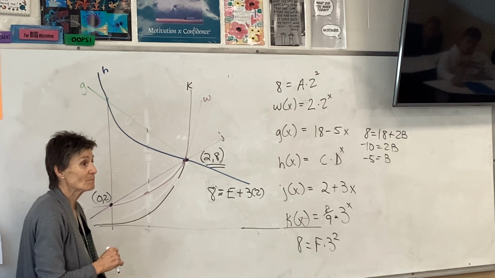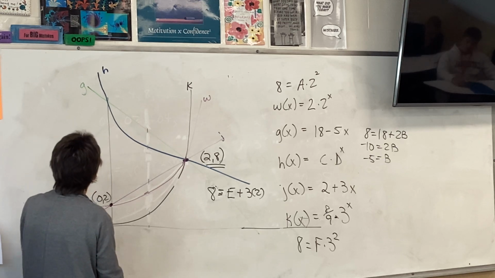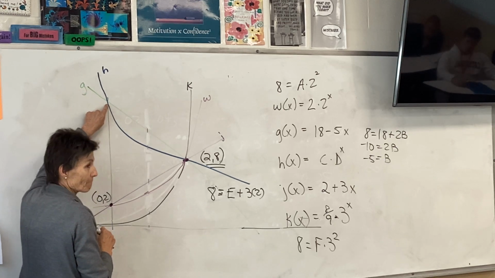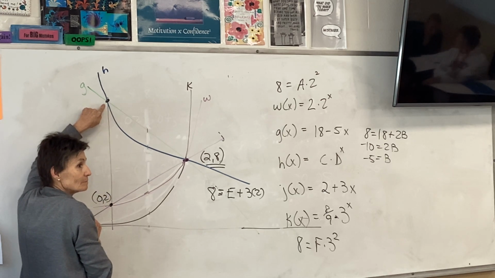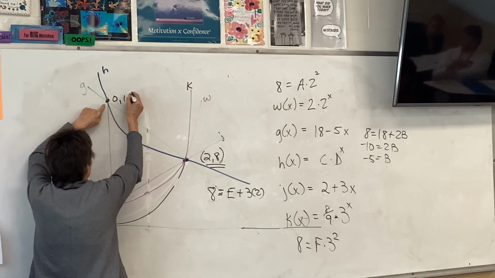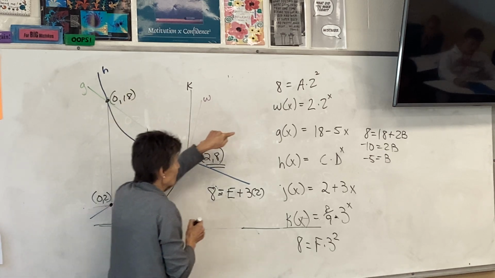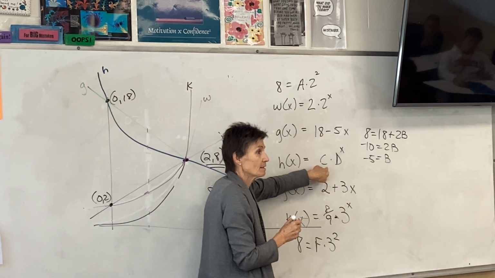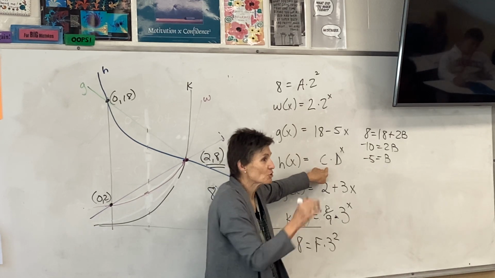Yes, ma'am. So we looked at G since G and H intersect at the Y, and the Y intercept for G was 18. So we plugged 18 in for C. Oh my gosh, somebody's been paying attention.